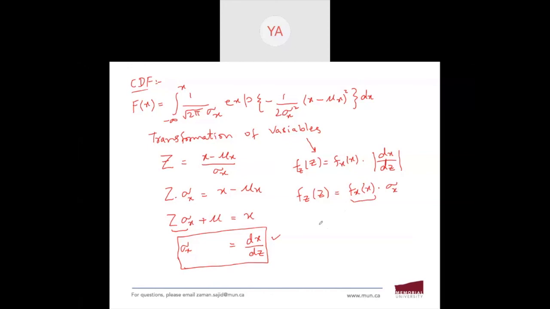Okay, going to the next slide please. So this is the form we have so far: f of z into z is equal to sigma of x f of x. Now I'm going to replace this PDF function here.